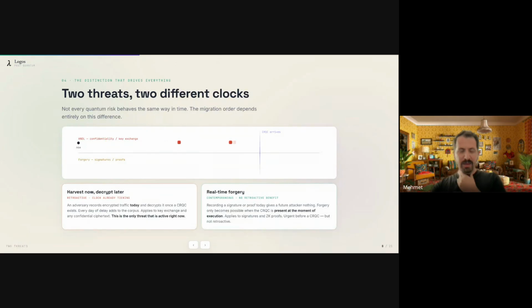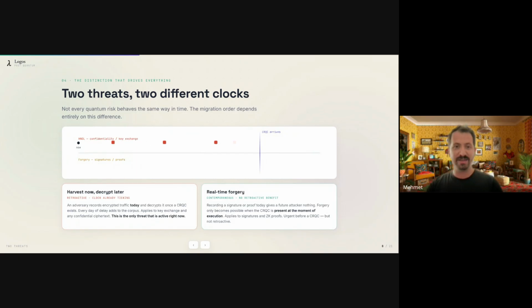And for that quantum computer, we actually have two different threats. The first one we call the "now, later" attack. What it means? For example, some information in the blockchain space is important and needs to stay secure for more than 10 years or 20 years, I don't know, maybe 100 years, especially things related to privacy.